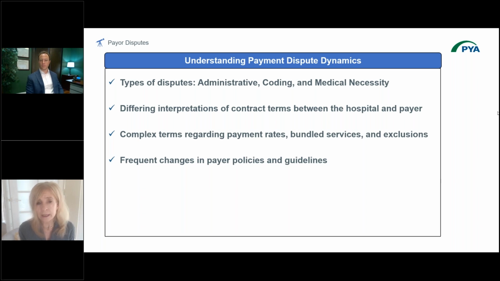Payers just aren't wanting to pay sick visits with preventative visits. They don't want to pay for things in the ER. There's just a growing number of payment policy issues. So unless you protect yourself in the contract itself and monitor it, you're going to continue to see a reduction in reimbursement on your claims.